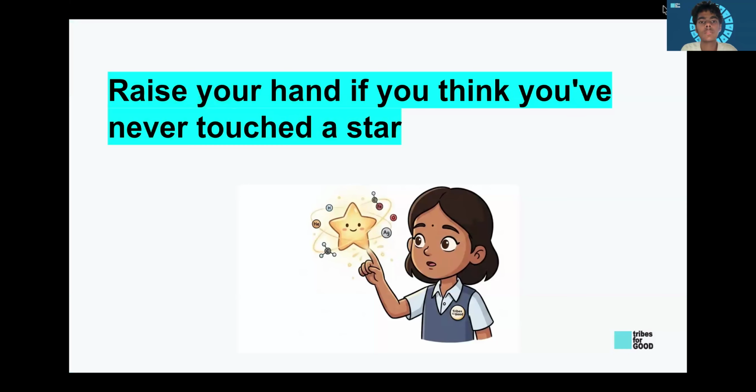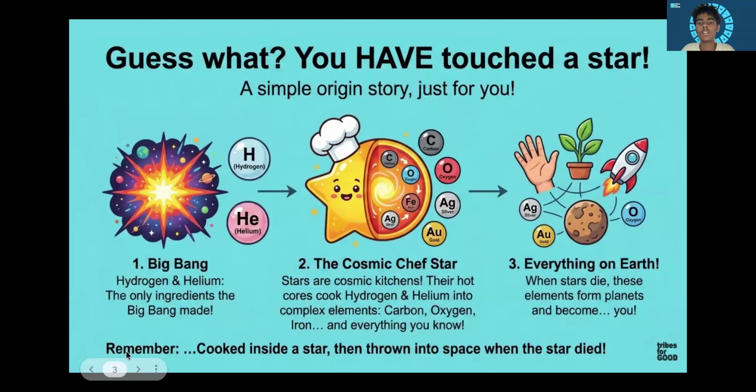Next slide, ma'am. Let's kick things off with a question. Can anyone tell me if you have touched a star? So I believe that no one has touched a star.